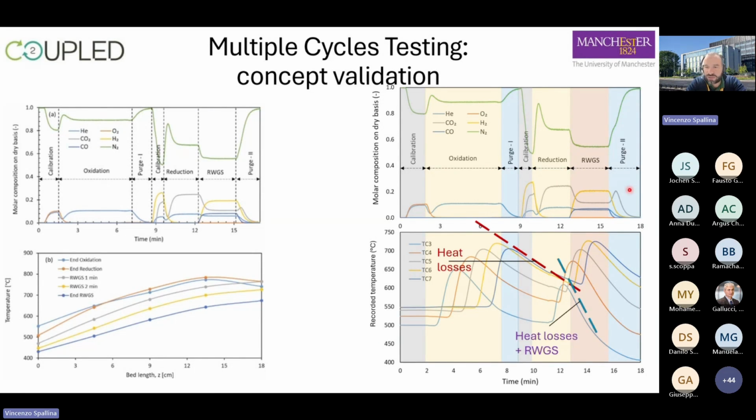But as soon as we start the reverse water gas shift, the slope changes, meaning the temperature drops faster. That's because heat losses are now added to the heat of the reaction. So it's another piece of evidence that experimentally the concept is sound and it makes sense to remove heat by using a chemical reaction.